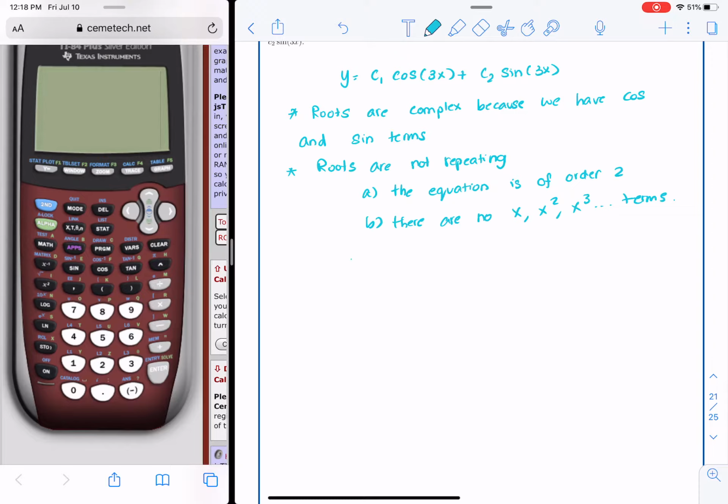I could rewrite this solution as y equals e raised 0 times x. E raised 0 is 1, c1 cosine 3x plus c2 sine 3x.